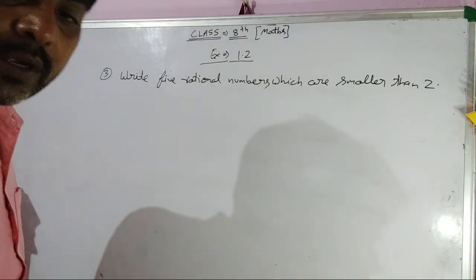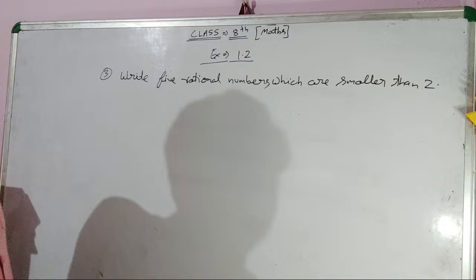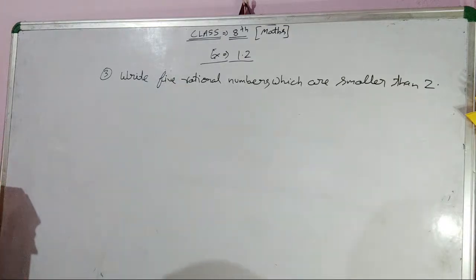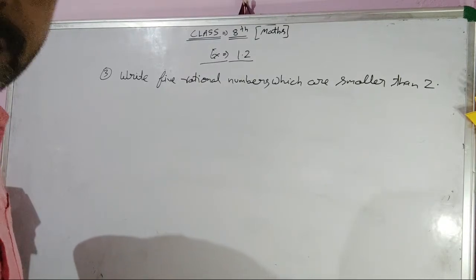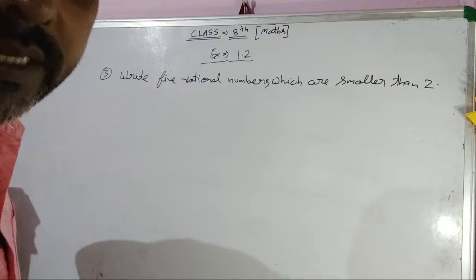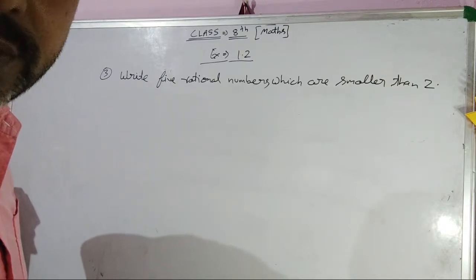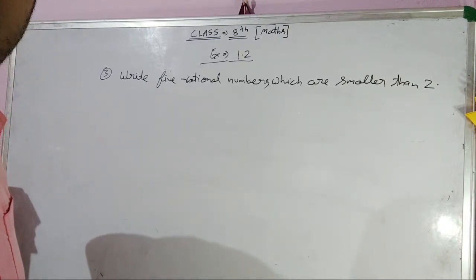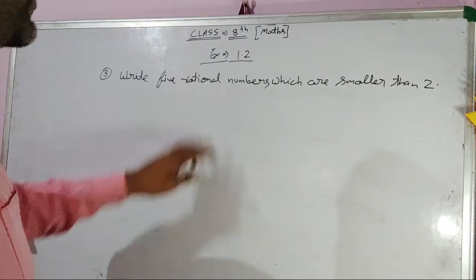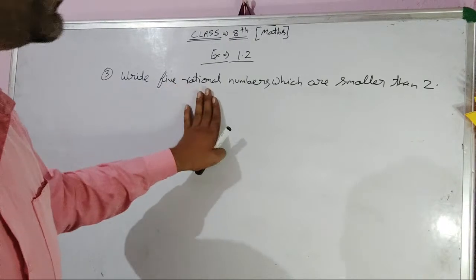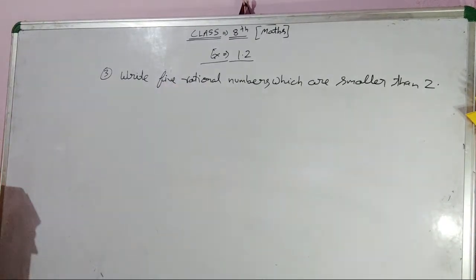So what will be the answer? Anybody? Yes, you have to solve the questions of the exercise in your classwork copy. Okay, now tell me the answer. The 5 rational numbers which are smaller than 2, what may they be?